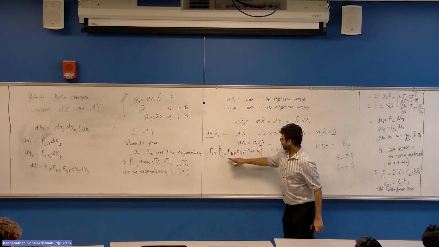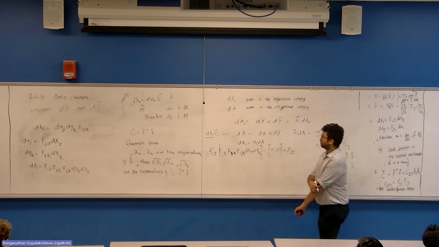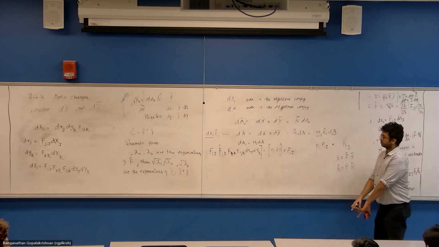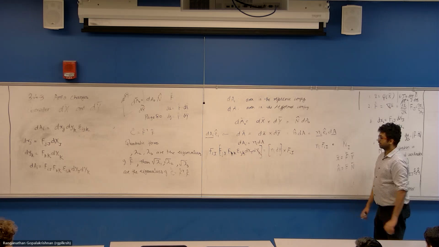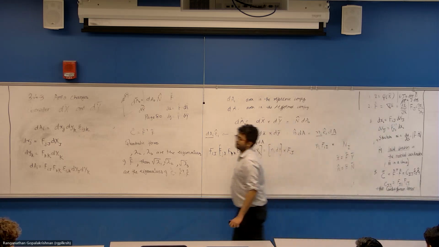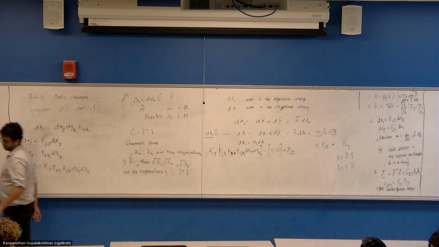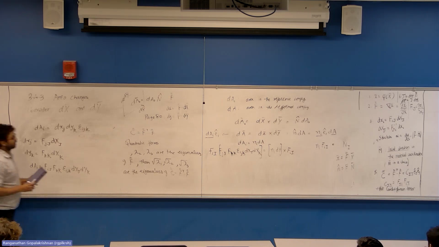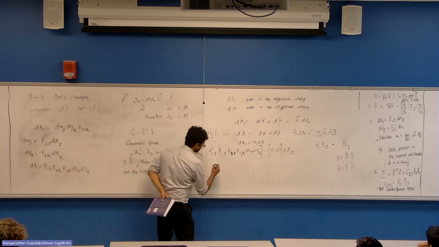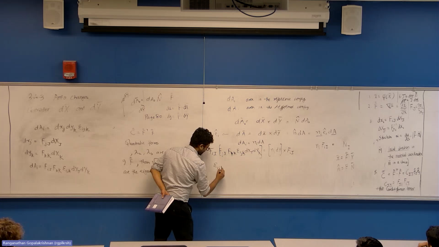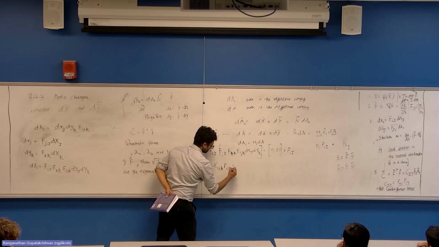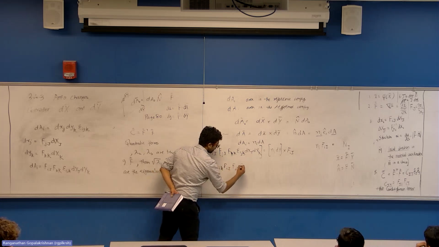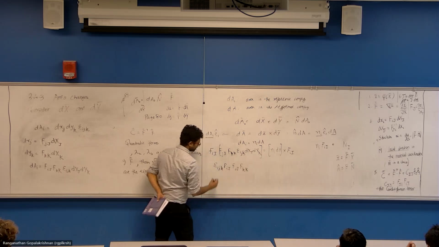If I multiply by F_iI, what am I left with? So I have epsilon_ijk F_iI F_jJ F_kK.